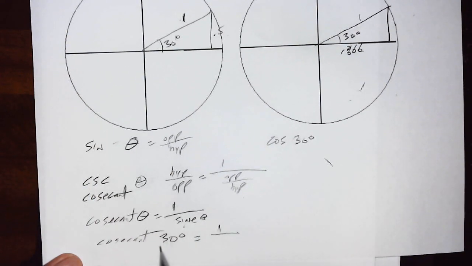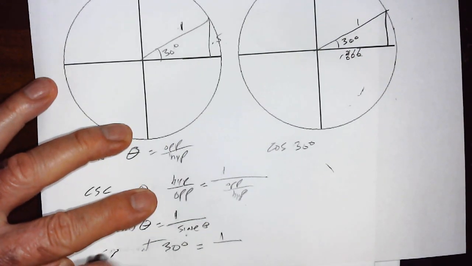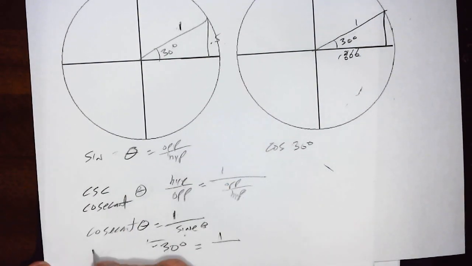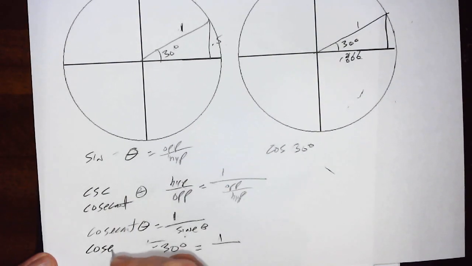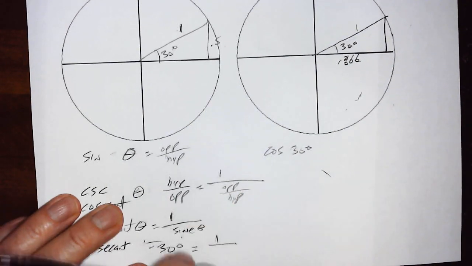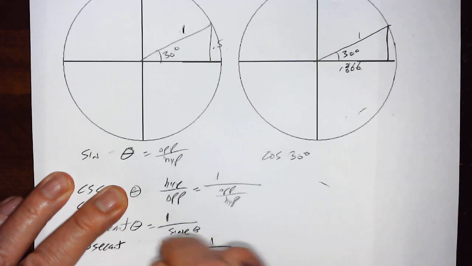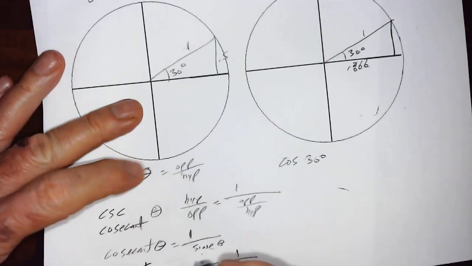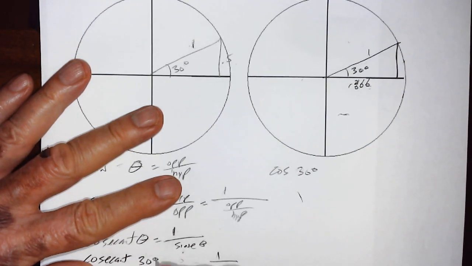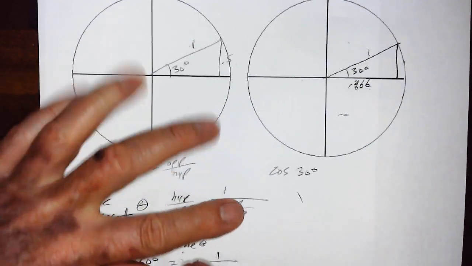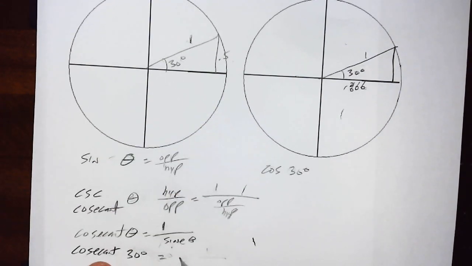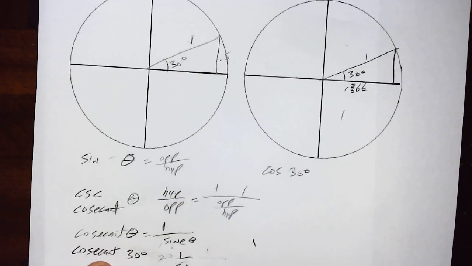Therefore, the cosecant of 30 degrees is 1 over the sine of 30 degrees.